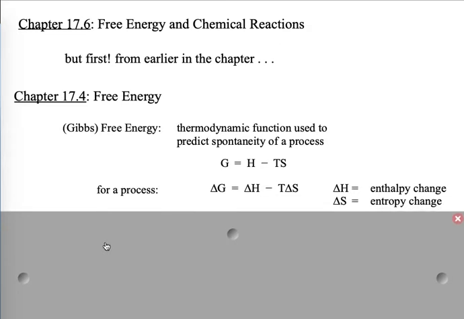So for a process, delta G, the change in free energy, is equal to delta H, the enthalpy change, minus the product of the temperature and the entropy change. This is the single unified equation that we use in order to determine whether a process is spontaneous or not. In many ways, this is the most important equation in the entire class.